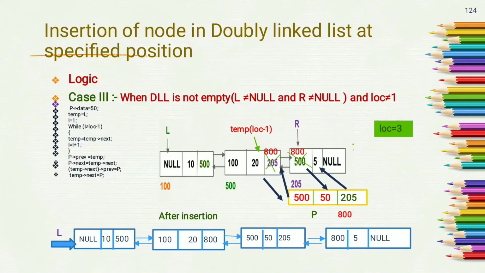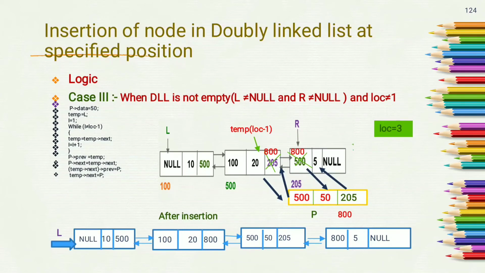Why did I not update the next pointer of temp before updating the previous pointer of this node? Because if I update this pointer first, then I will not get the address of this node with the help of temp. So if you interchange these two steps, then your result will be wrong.